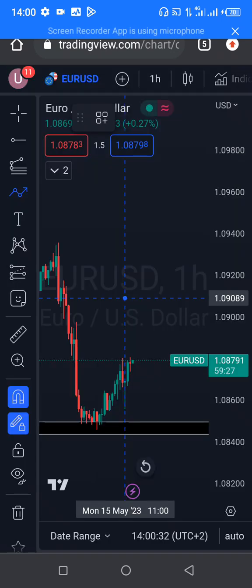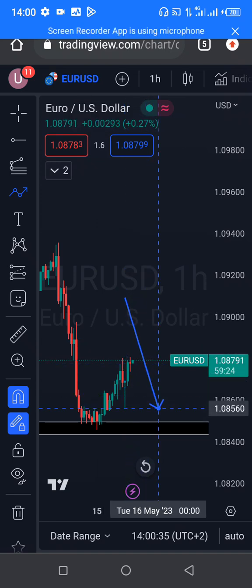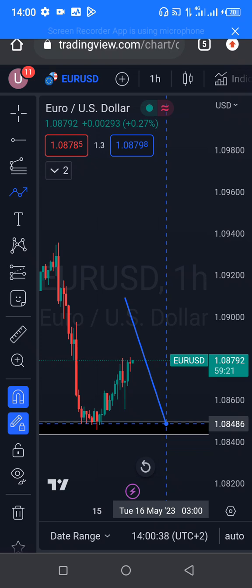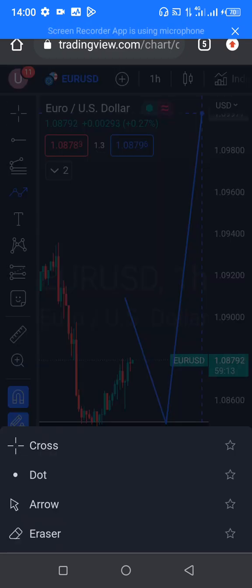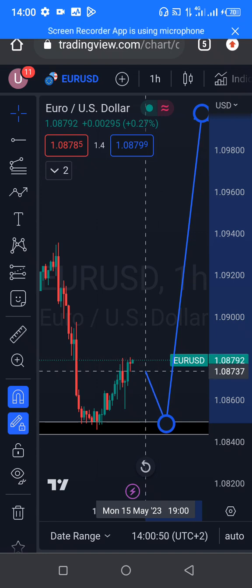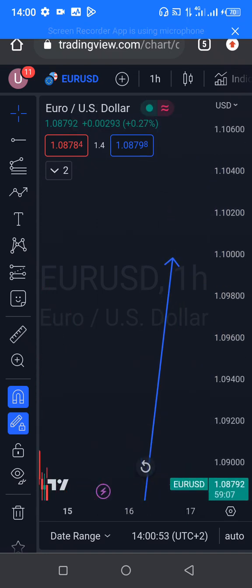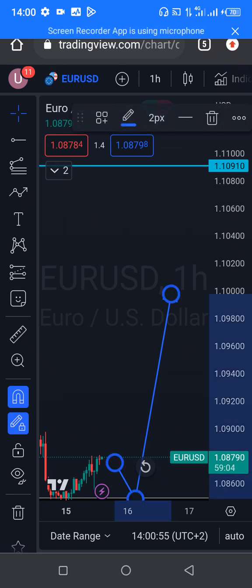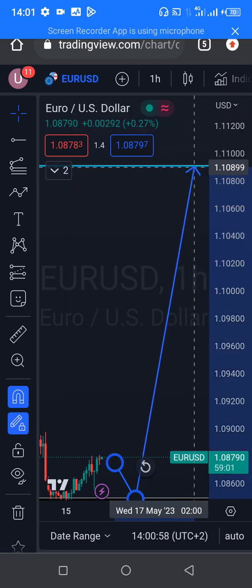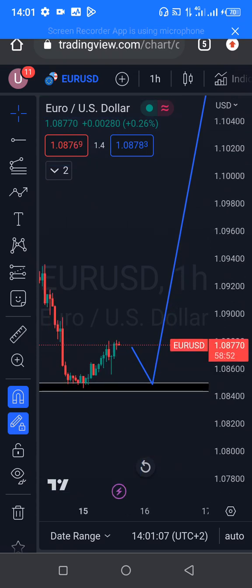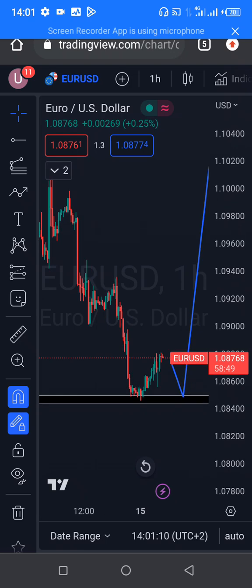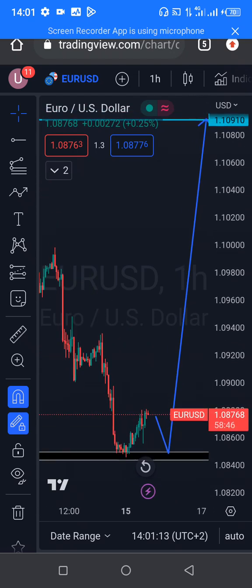The market comes here and then goes way up to my TP, way up to 1.10910. So I'm going to look for a pullback here to form a double bottom, and then I will enter.